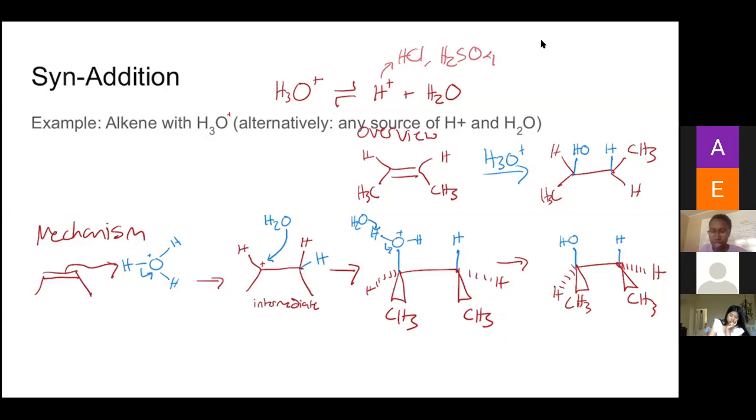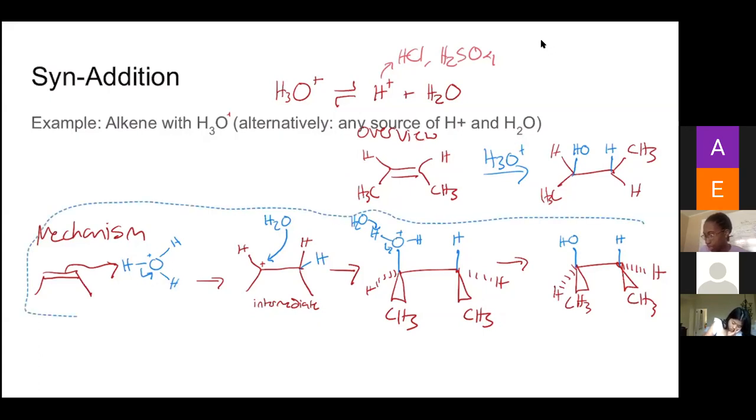And I'm going to take this opportunity to say that we will expect you all to know both the overview, so be able to give the product for this reaction if we give you the starting material and the reactant. And you're also expected to know how to draw out the mechanism for the reaction.